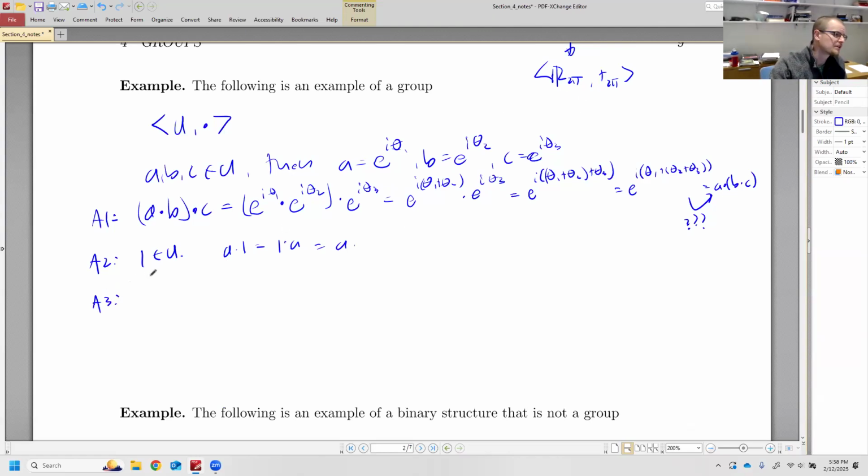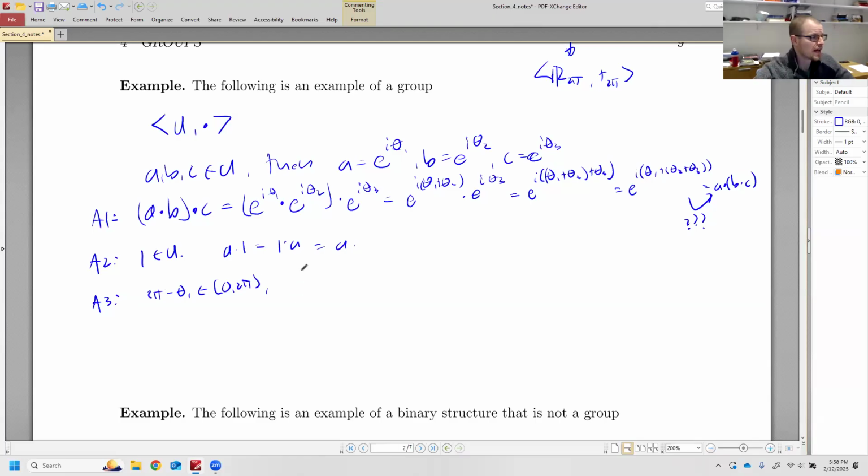And then A3, if I wanted to verify inverses, I would notice that I can take 2 pi minus theta 1, and that's in our interval from 0 to 2 pi.